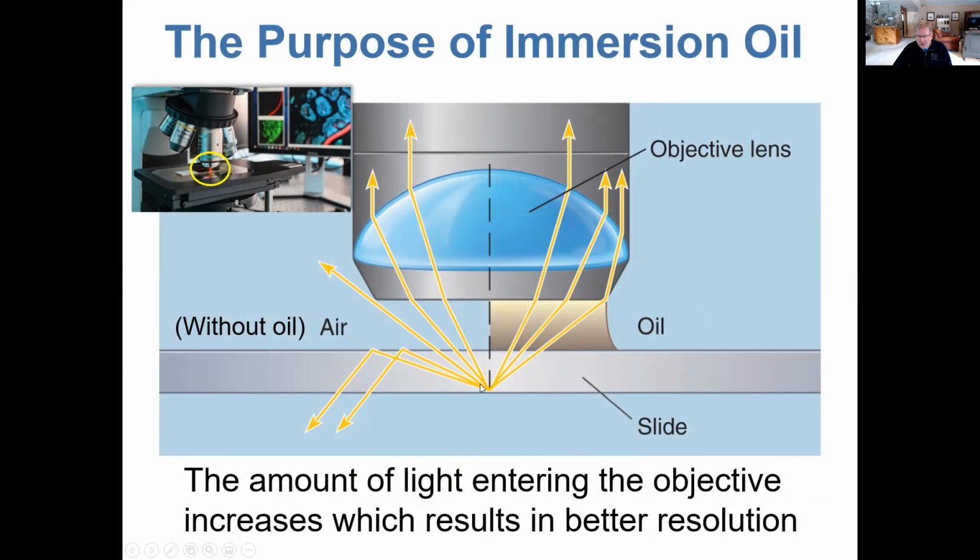If we don't utilize oil, and I'll walk you through the steps of how to properly do that in lab coming up, but without the utilization of oil, you'll notice that while some light rays that pass through the clear slide from the condenser do make their way up into the objective and into your eye, as evidenced by these two yellow arrows, there are a considerable number of light rays that would diffract off the glass slide and be lost off to the side here of the microscope and not go up into the objective.